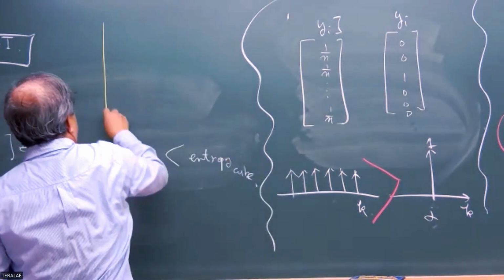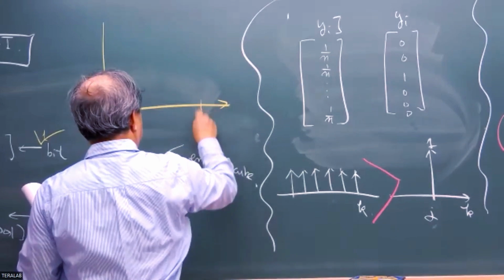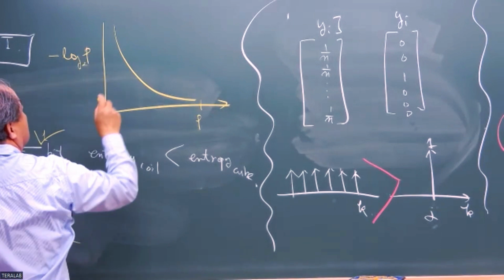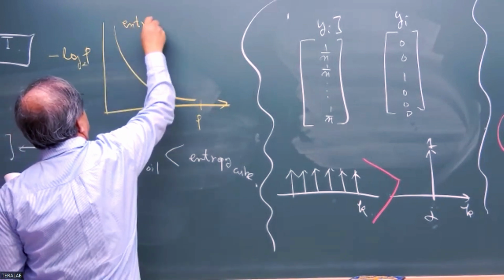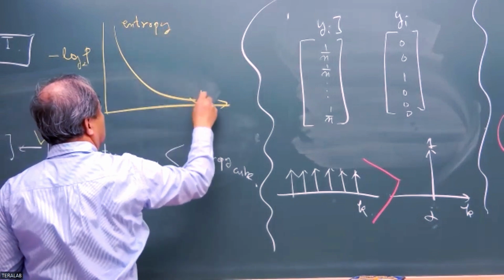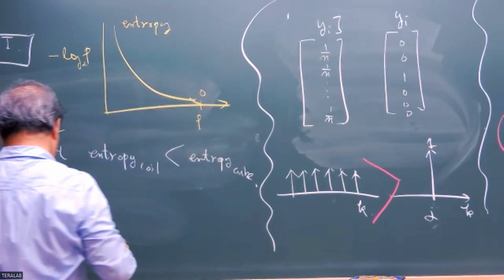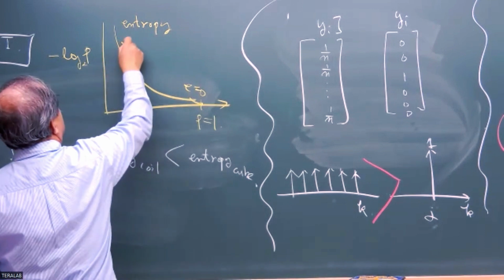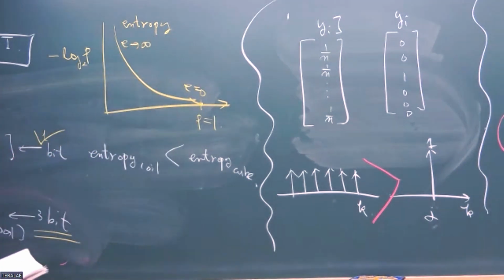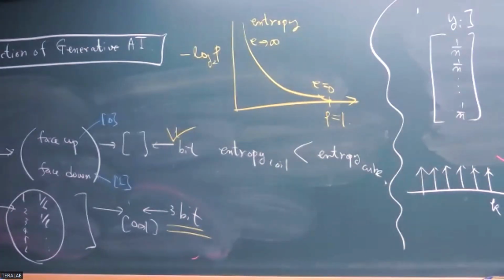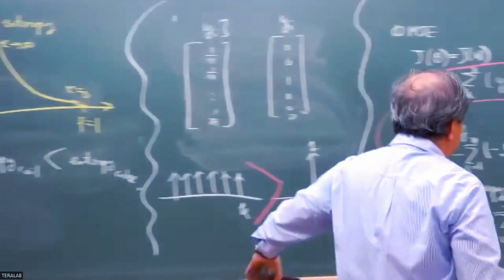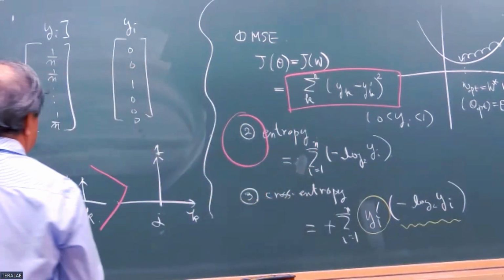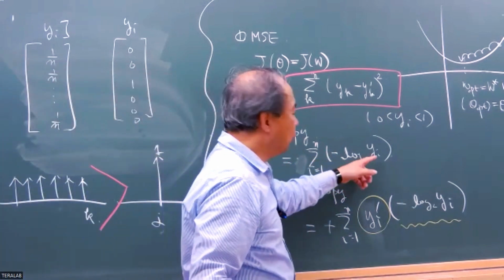In the graphical representation, in the entropy formula, we have minus log 2 yi.